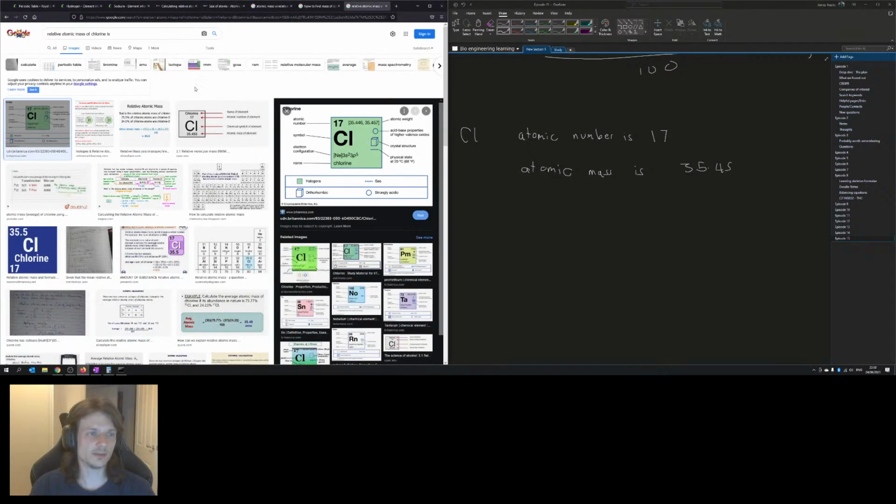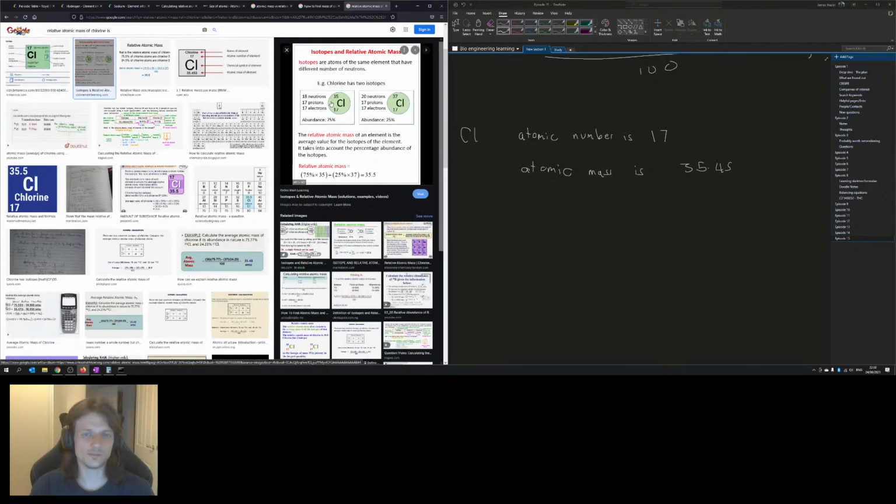So let me go and get that other picture again. This one says 35.45, 35.446, 35.457. That is so interesting. Where did this come from? Because that's 35 and 37.